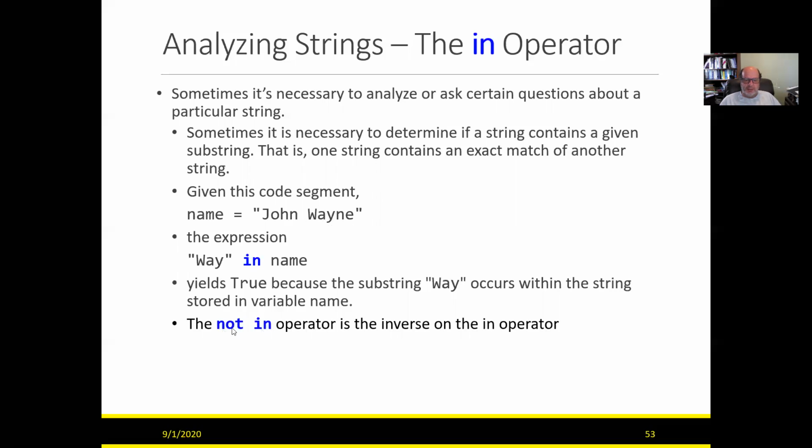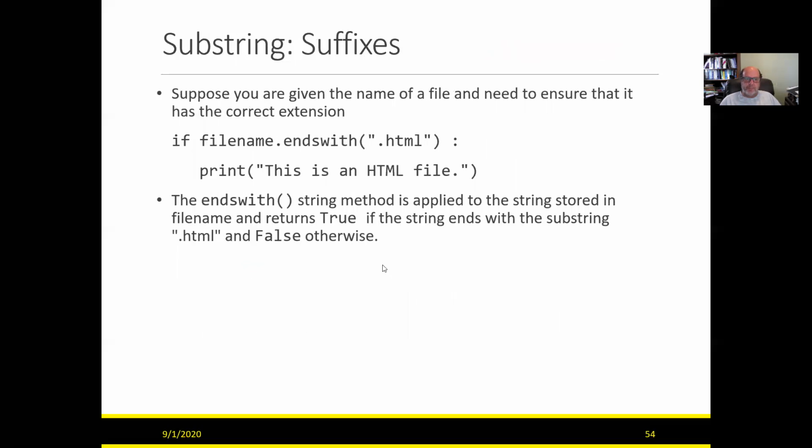And I can say not in. So I'm checking a substring inside a string. We have something called ends with. So I can check to see if my string is ending with something. So that's the method called ends with. Again, all of these things are coming from the class string.